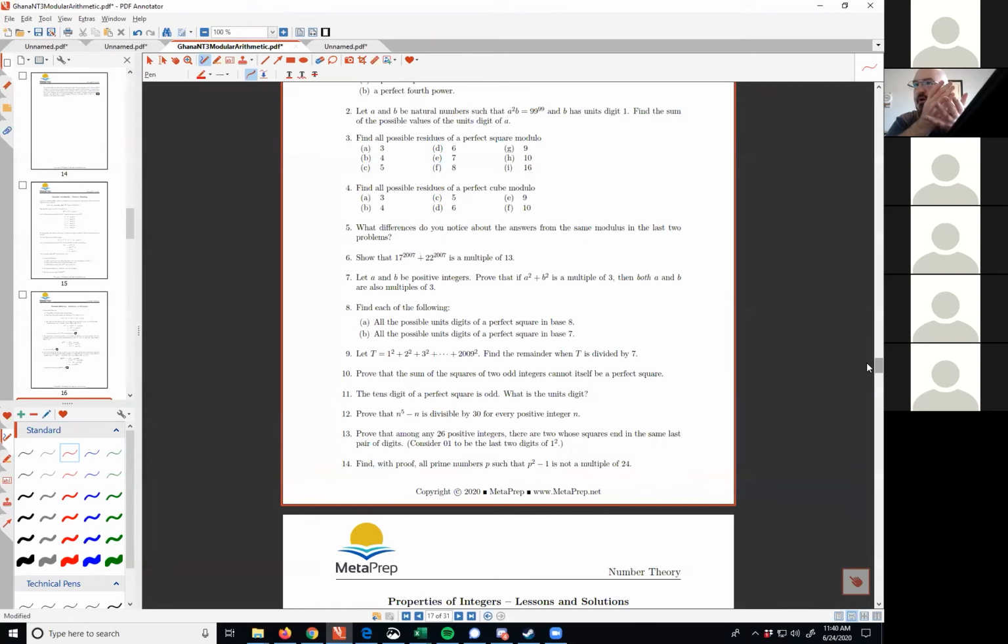We could have used modulo 8. But I used modulo 4 just because it's simpler. The numbers are smaller. 0 and 1 are the only possible residues of squares, and so that leaves us with less work to do.